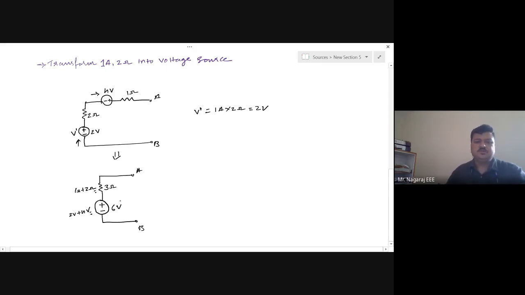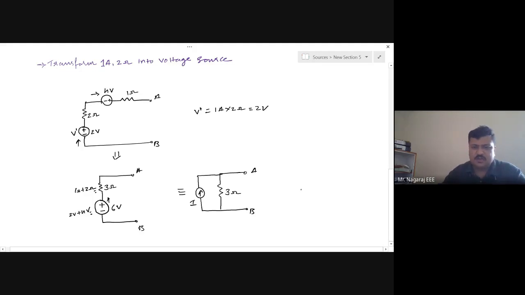Now convert this into a current source between A and B. Resistance will remain the same, 3 ohms. The direction of the 6 volt is upward, therefore the direction of current is upward.